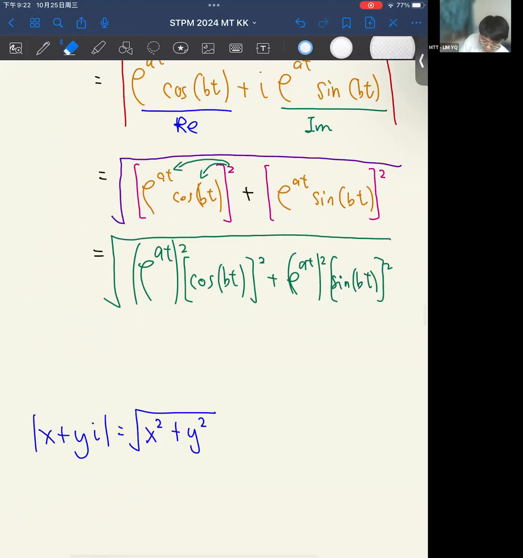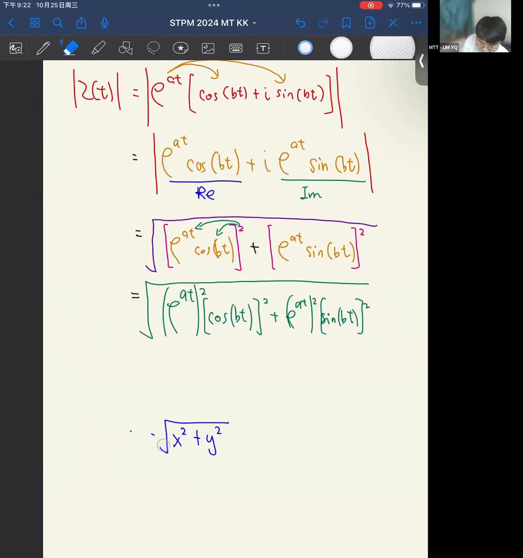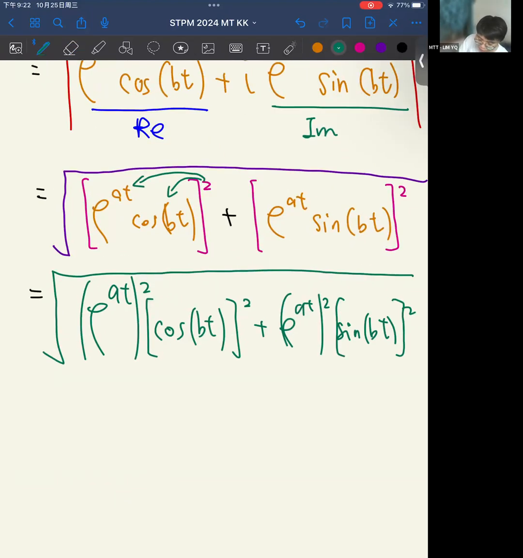Okay, this one formula, can I cancel already? You should know this one. I already mentioned to you, e power something in brackets and squared is the same as AT multiplied by 2.